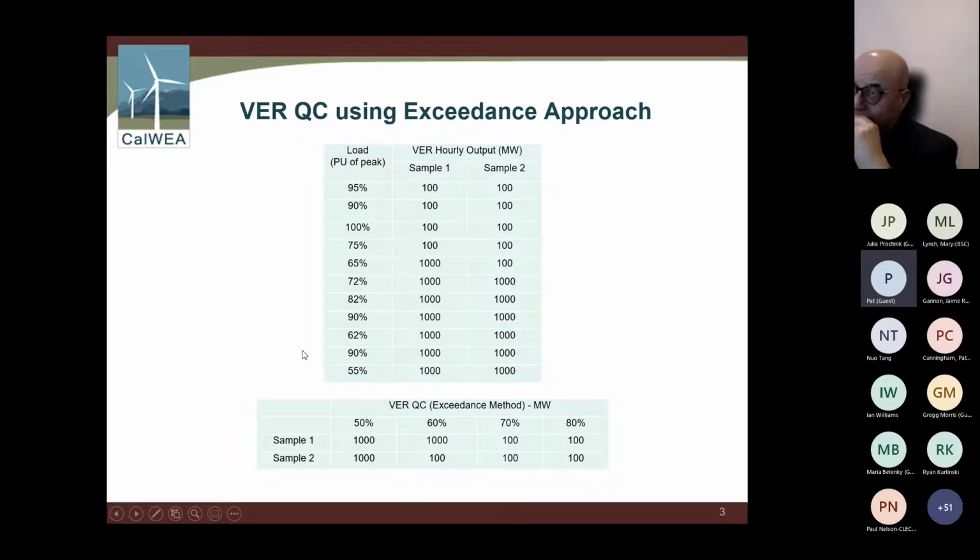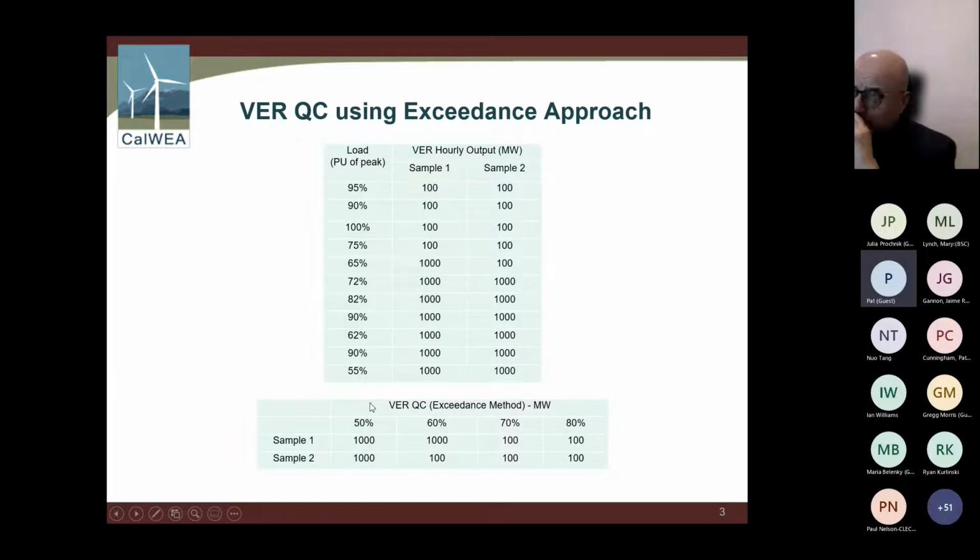Again, this is a concocted case. And it so happens that the output in one sample is like this, and in another sample is like this. Not much different, except 1 hour is shifted. Used to be 1,000 megawatt, becomes 100 megawatt. These I picked randomly.